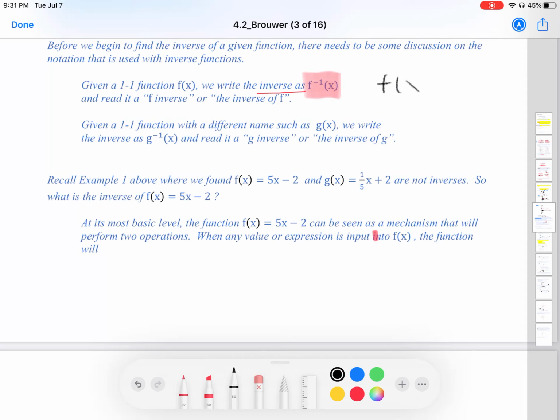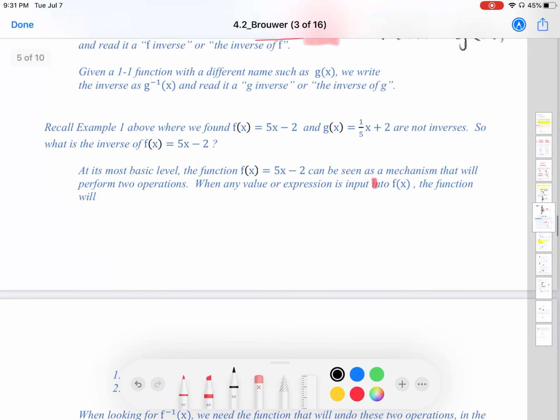Function notation meaning f of x or g of x. If you see that -1 exponent, it means inverse. Given a one-to-one function with a different name, such as g of x, we write the inverse as g inverse of x, and we read it as g inverse or the inverse of g.